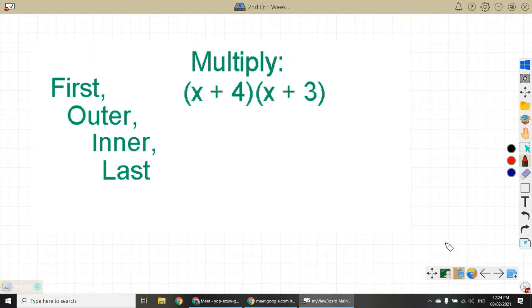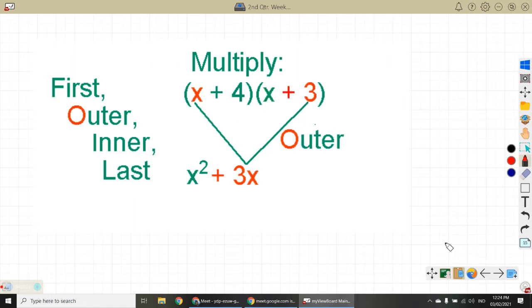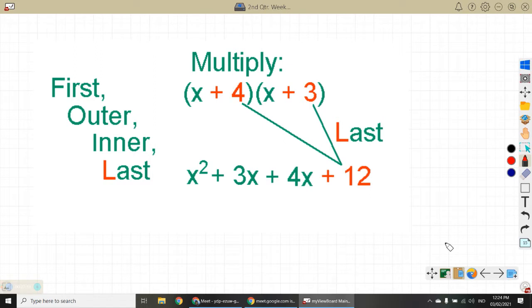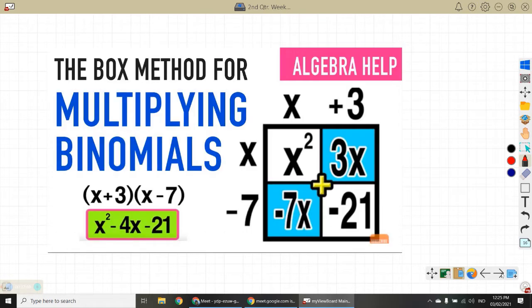Ito, gagamitin natin later on. So, FOIL method, first term to first term, x squared. Outer to outer, 3x. Inner to inner, 4x. And then, last term to last term, 12. And then, combine the middle terms, we have x squared plus 7x plus 12.